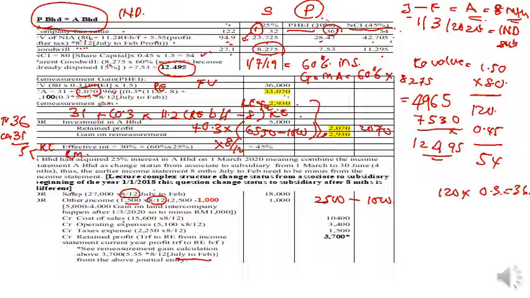So the one that you have here is only 550. 550 times 8 over 12, for those 8 months. So you're going to find the carrying amount here will be 33070. You need to times 8 over 12 because this is only for 8 months before it becomes an indirect subsidiary. So you're going to have a remeasurement gain of 2930.